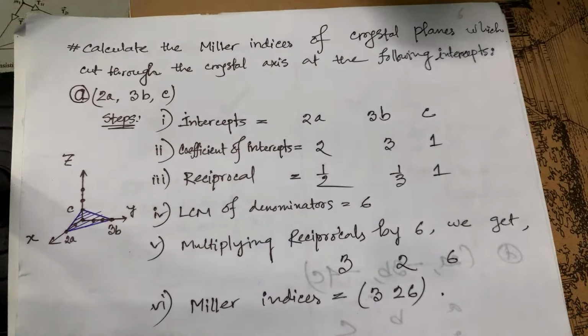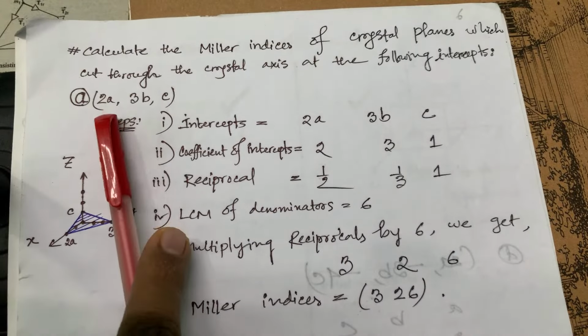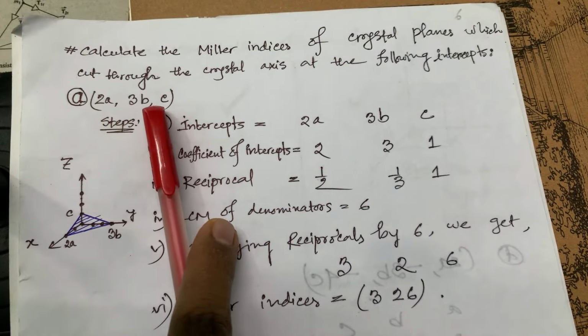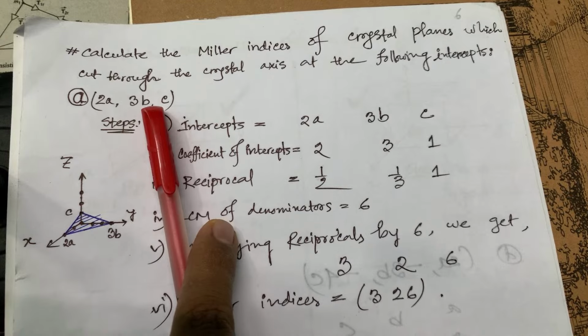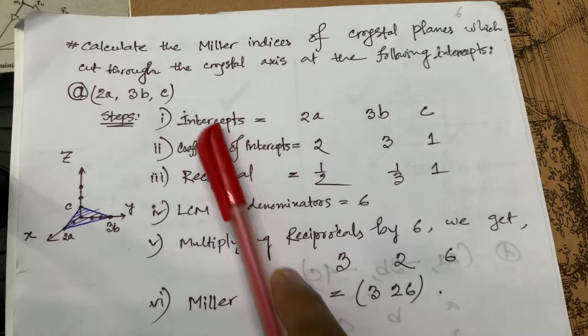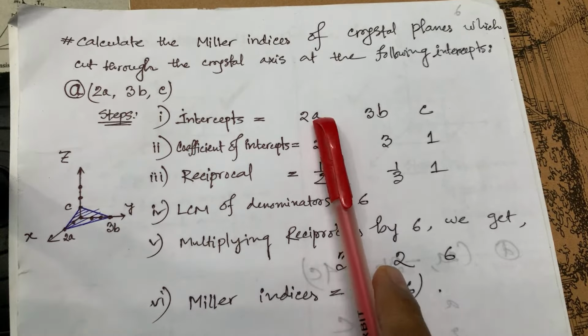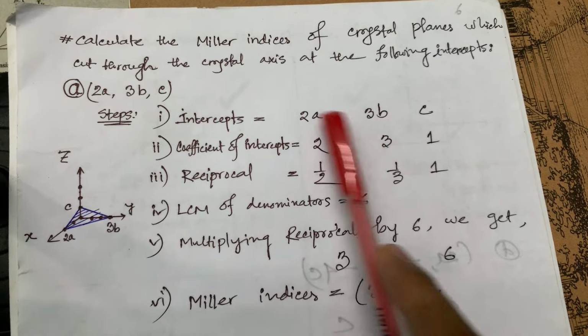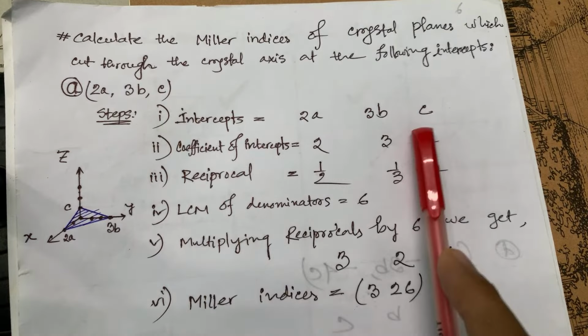Remember this here? A, B, C are the basis vectors of the unit cell, right? A represents the basis vector along the x-axis, B represents the basis vector along the y-axis, and C represents the basis vector along the z-axis. So we have x-intercept equal to 2a, y-intercept equal to 3b, and z-intercept equal to c.